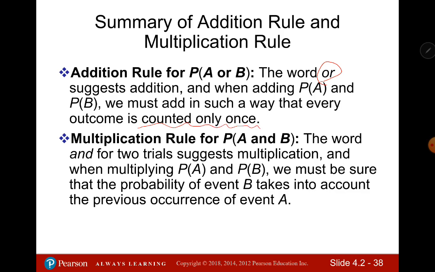And for the multiplication rule, you should make sure you check that the second probability B has the condition of A. But if they are independent of each other, the probability of B given A is just the probability of B, only if A and B are independent. Okay?